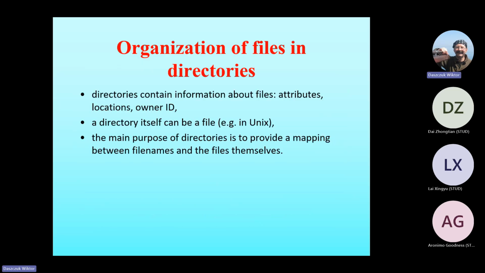How are the files arranged on a disk? In directories. Of course, the first manner of accessing the devices, especially random access devices, was just to read or write a given sector or block.